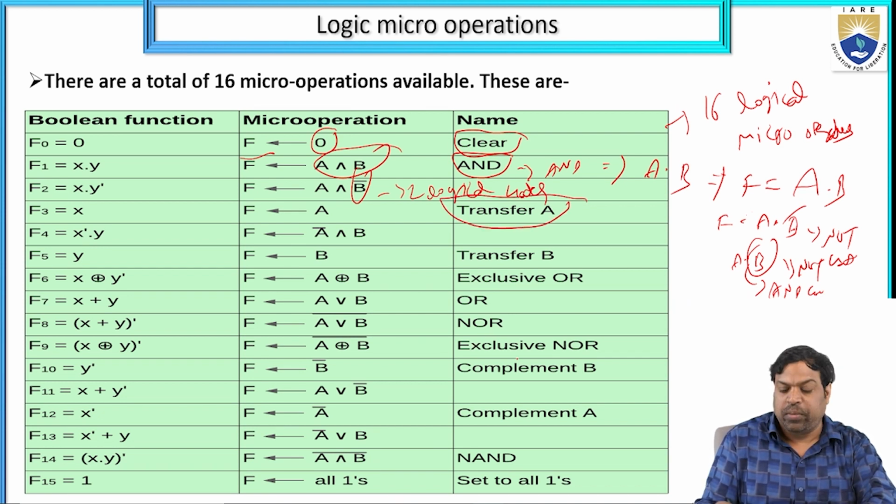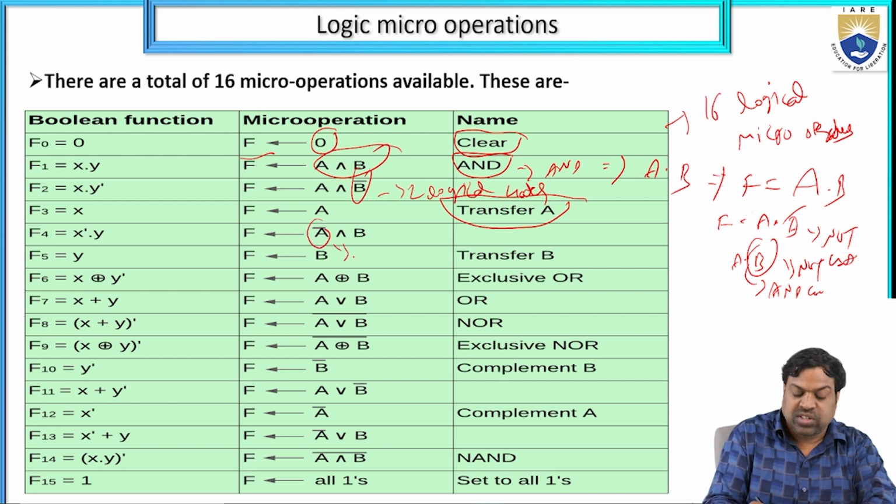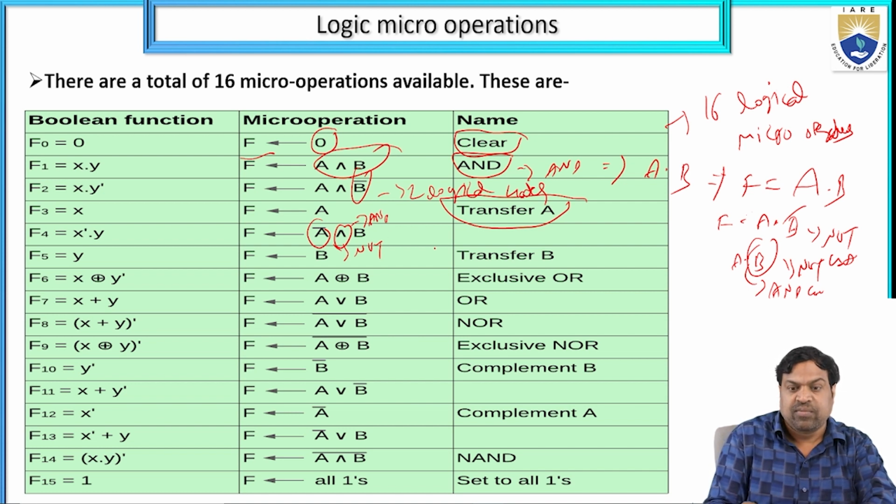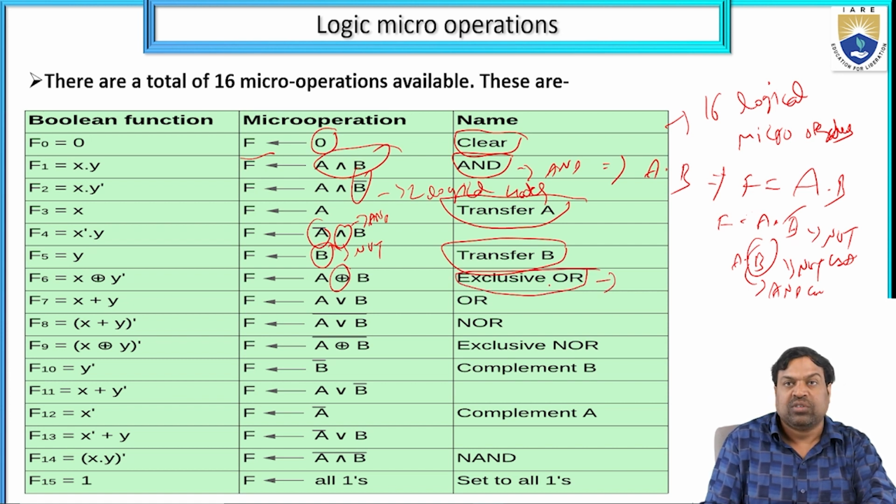Next, A complement B: a NOT gate is applied here, and an AND gate is applied, so two gates are applied. Here F ← B means the transfer of B to another register. Here A XOR B means the exclusive OR gate is performed on A and B. And here, the OR gate.